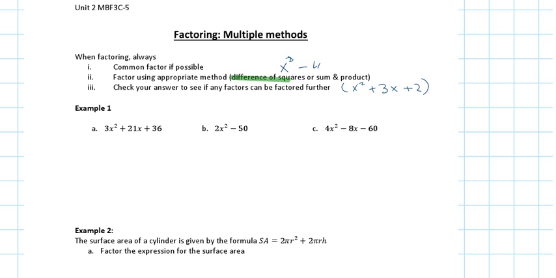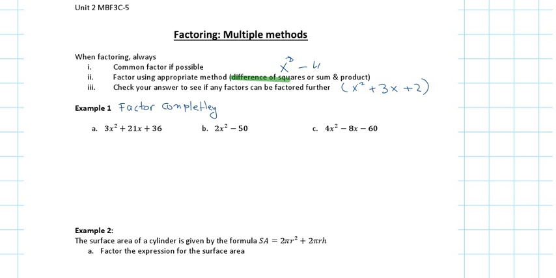So let's look at this example. So I have 3x squared plus 21x plus 36. The question is factor completely. So you're looking at this, how can you factor? Or what do you have to ask yourself first? Do you have a common factor?